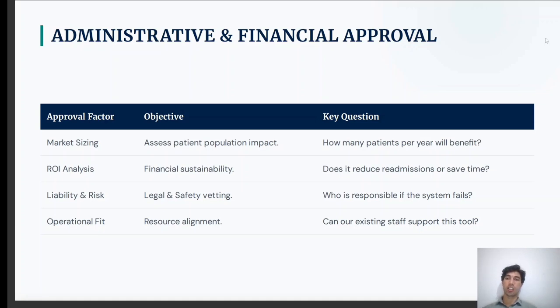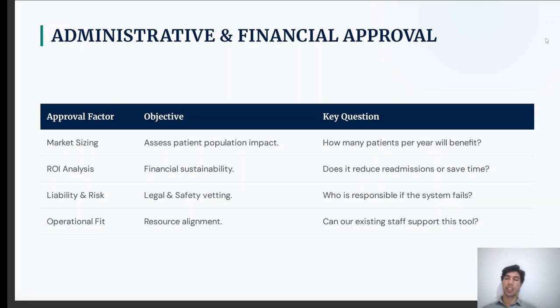Then the return on investment analysis. The objective is to ensure the financial sustainability of a project. For example, if our project does not save time or does not reduce readmissions, then that project is not worth pursuing.